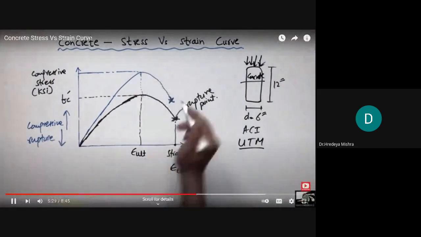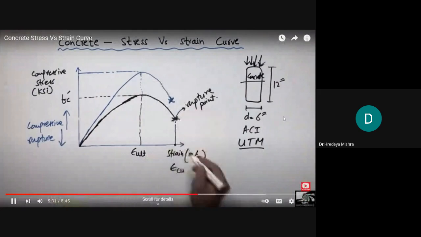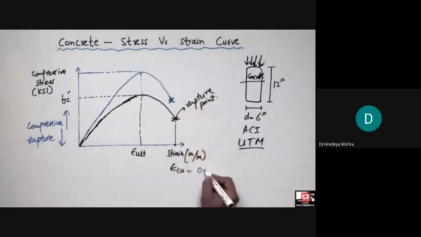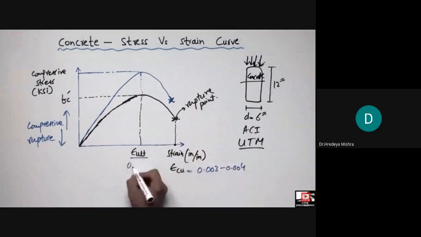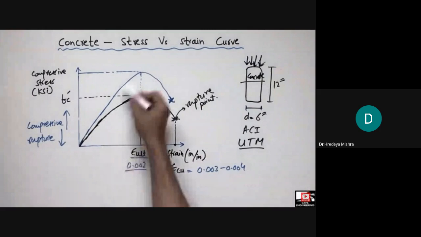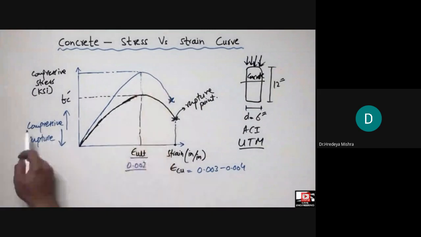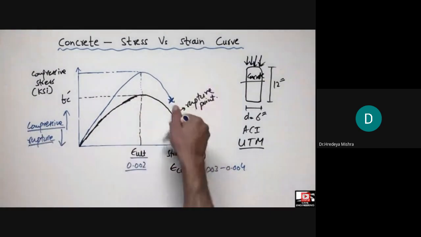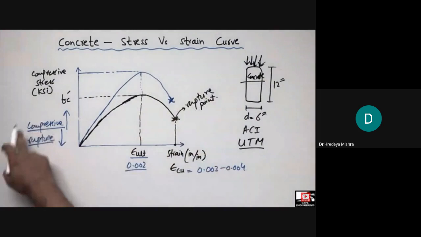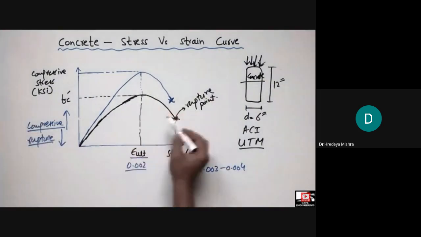Mostly the rupture strain for the concrete ranges from 0.003 to 0.004, while the ultimate strain is around 0.002. So if we are increasing the compressive strength, our rupture strain is going to be decreased. This is the important point that we can get from these curves, from the normal strength and from the high strength concrete.